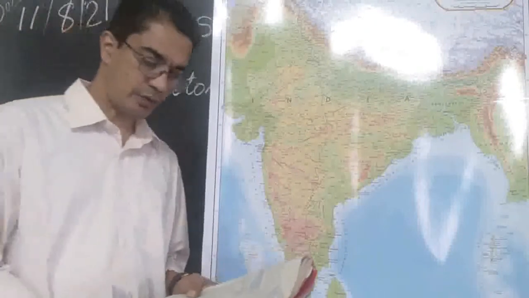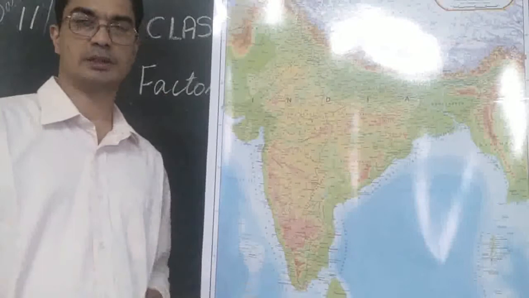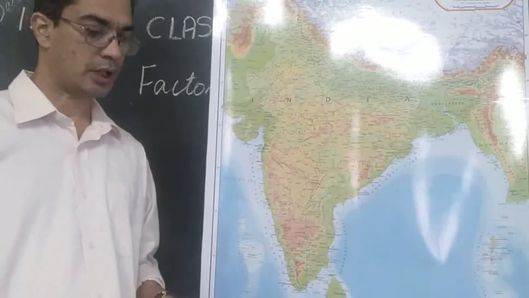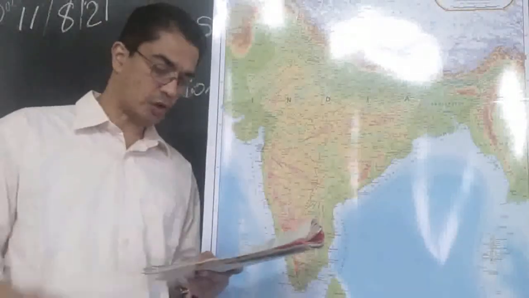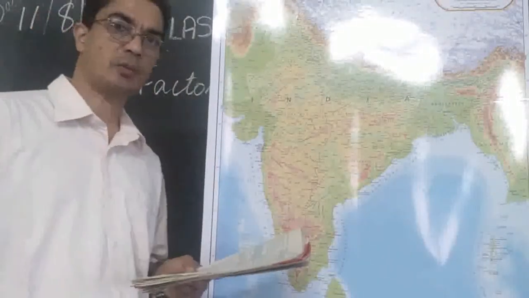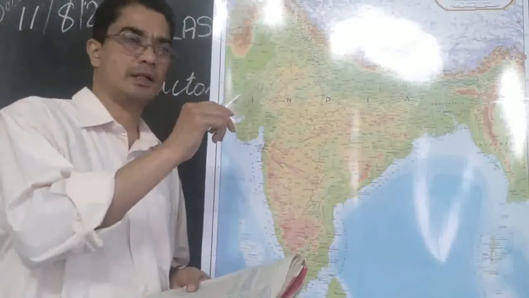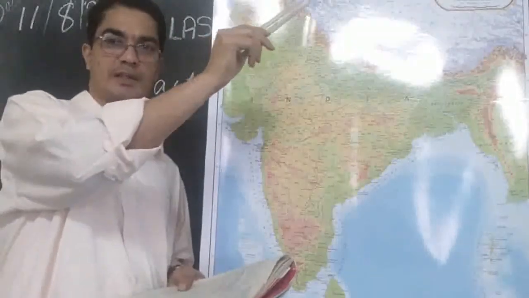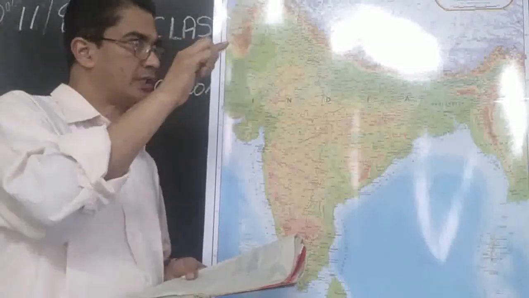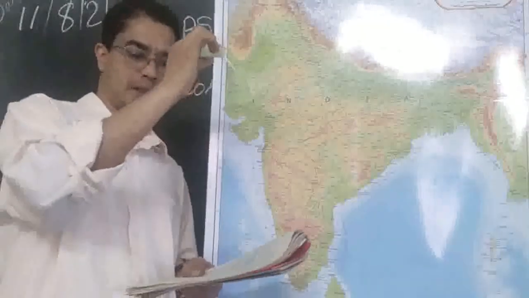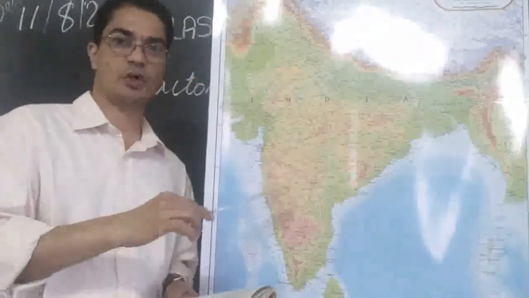And these winds originate from the subtropical high pressure belt of the northern hemisphere. Subtropical means, as we already saw, the area above the Tropic of Cancer. So the wind is originating in this subtropical area of the northern hemisphere, where India is located.